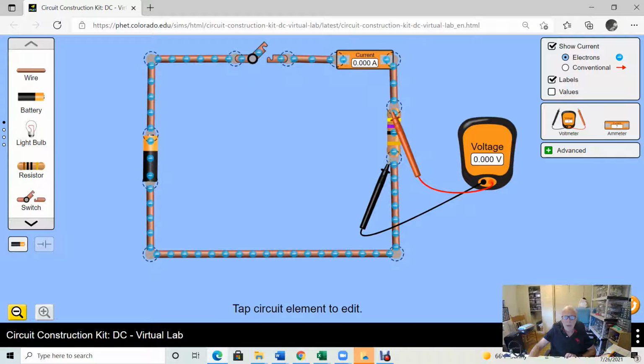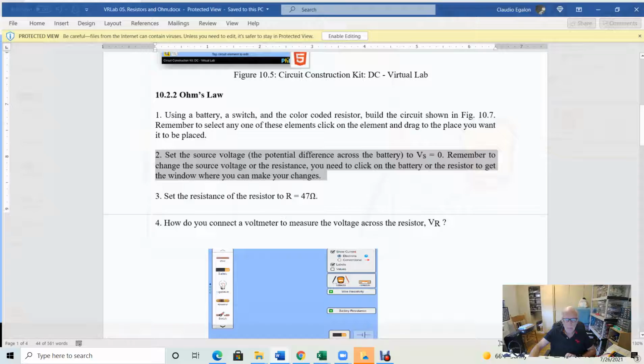Ammeter in series, connection in series. There you go. So that's the answer for that question.